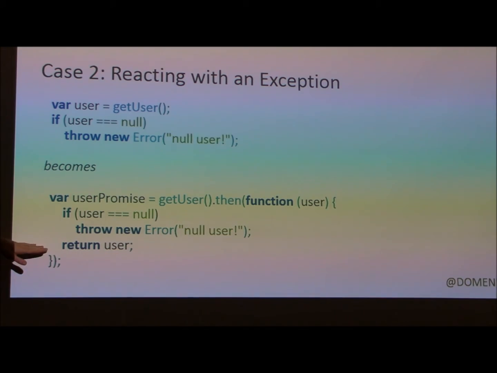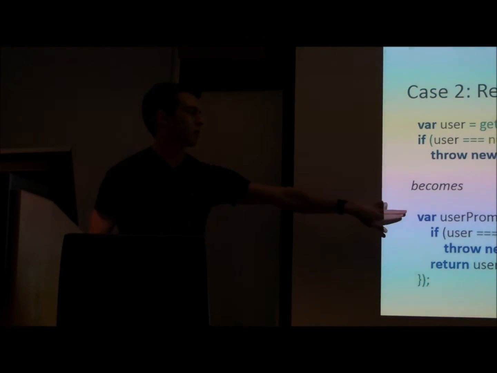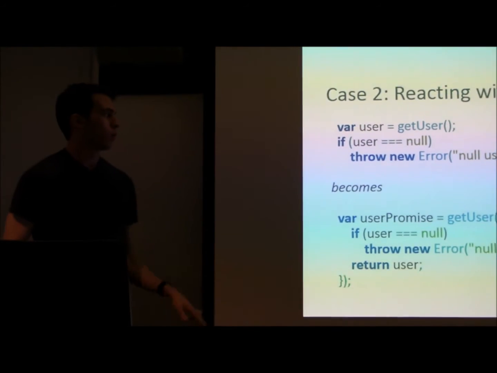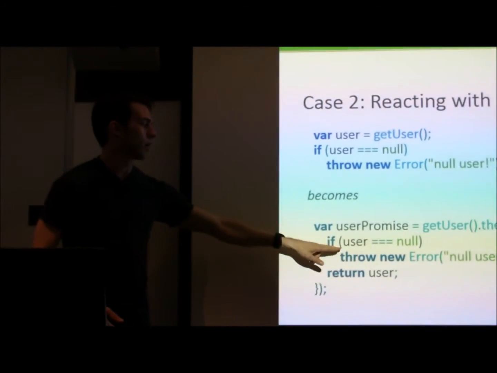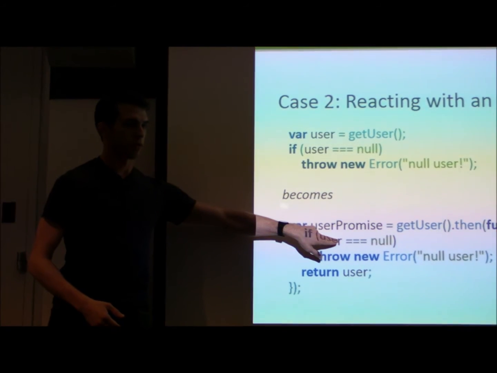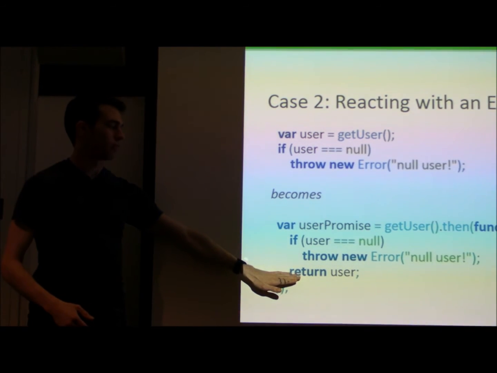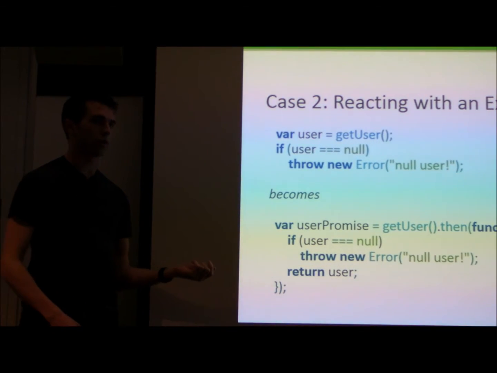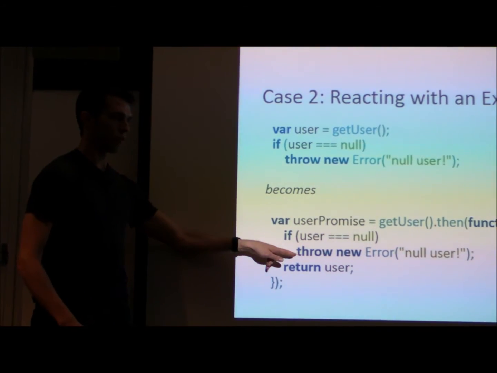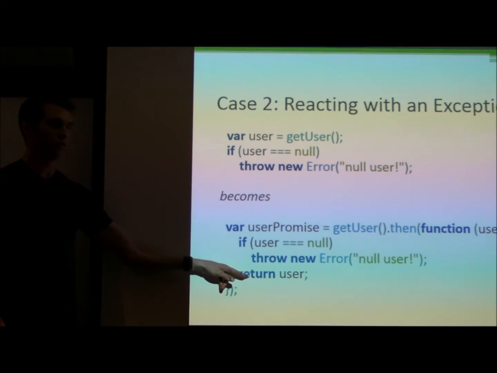Otherwise, return the user. So the idea here is that this user promise will be rejected with the thrown error if the user that comes back from the server or whatever is null. Otherwise, it'll just be the user object itself. So we're using the two behaviors here, right? If you throw, it rejects the returned promise, and if you return, it fulfills the returned promise.